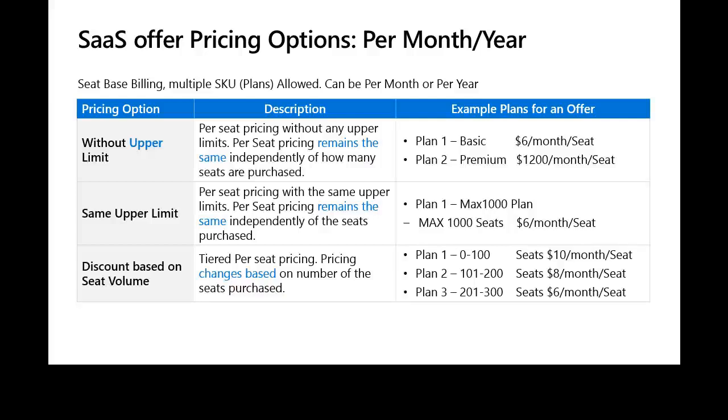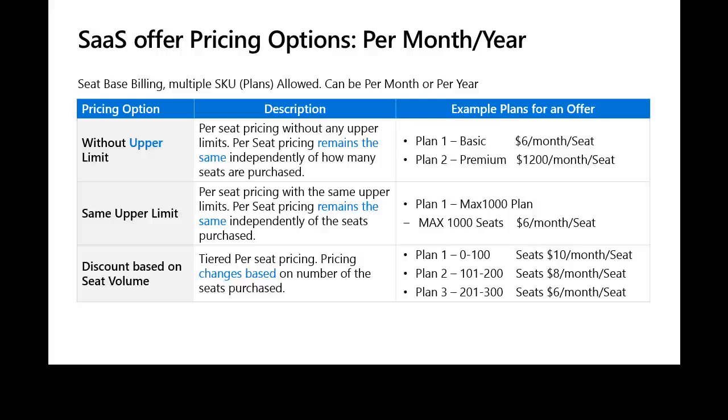You can set it up without an upper limit, meaning that plan basic 1 is going to be $6 per month per seat. Doesn't matter how many seats you use, if it's going to be from 1 to 10 million, it's always going to be $6. You can also set it up with a maximum upper limit. So let's say that up to 1,000 seats is going to be $6.